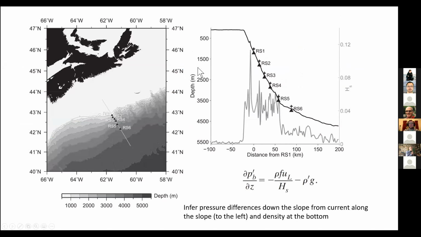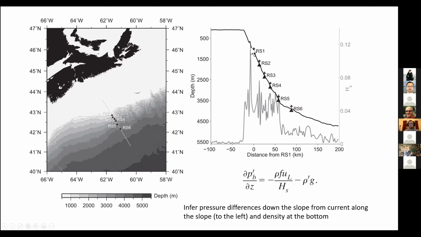We've tried to measure this. So this is an experiment with bottom pressure recorders down the continental slope off Nova Scotia. We have these 6 instruments, and because we suffer from the usual problem with drift, we try to do it 2 ways.